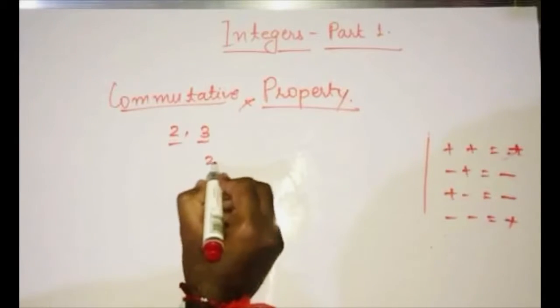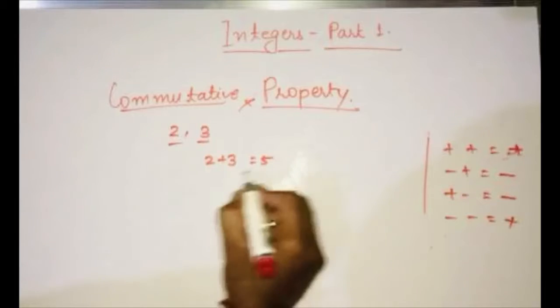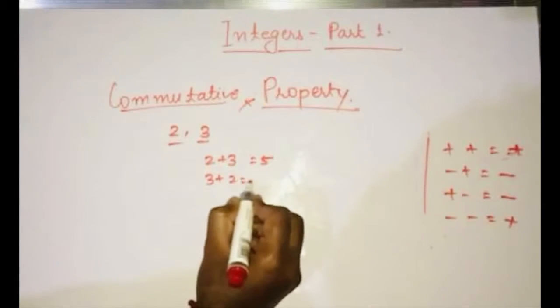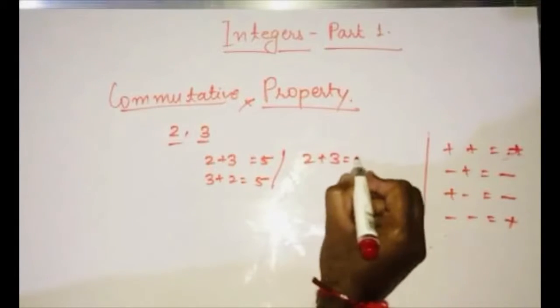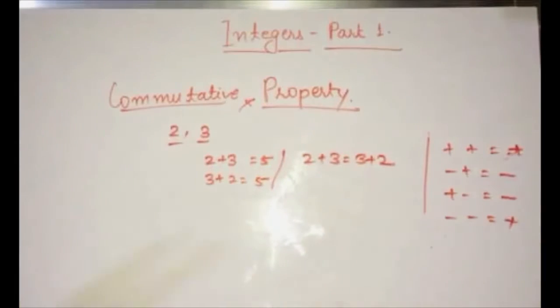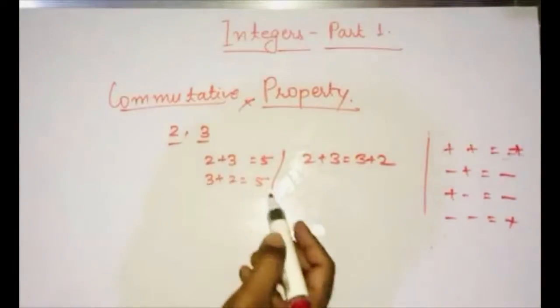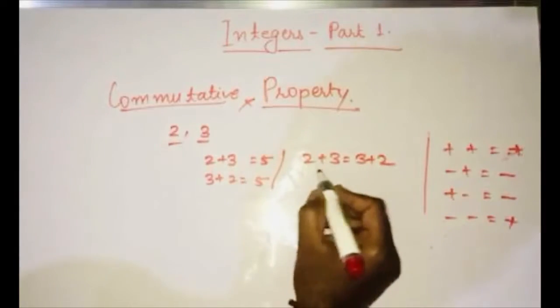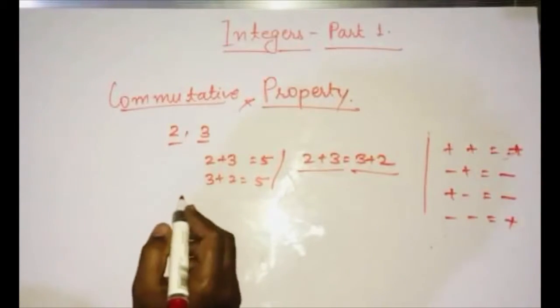If you add 2 plus 3, you will get 5. Similarly, if you add 3 plus 2, you will get 5. It means 2 plus 3 equals 3 plus 2. Here you can see that whole numbers are commutative, right?